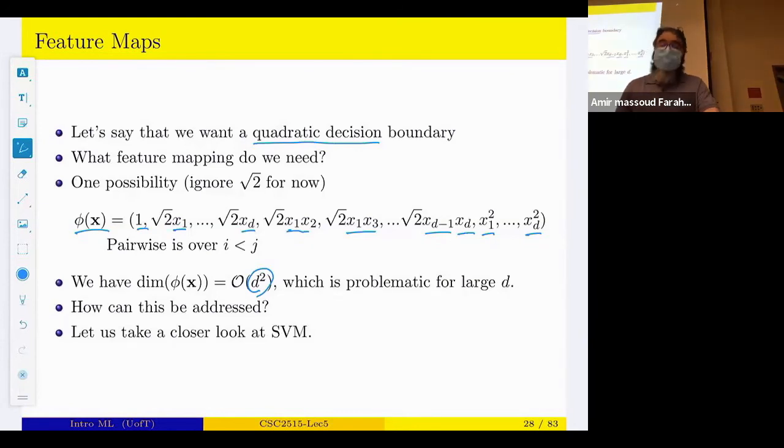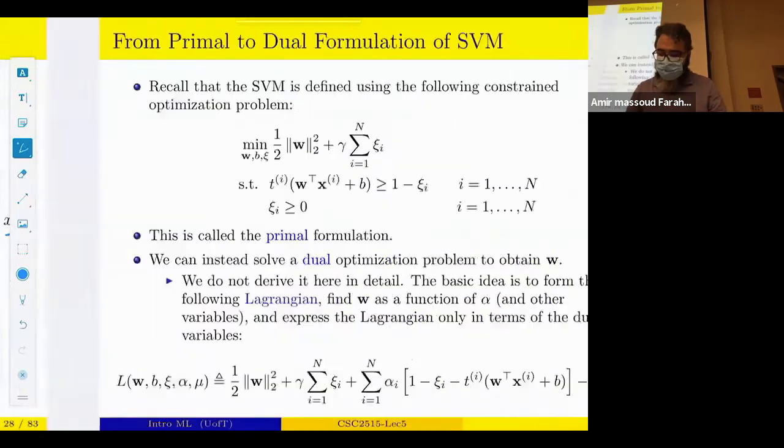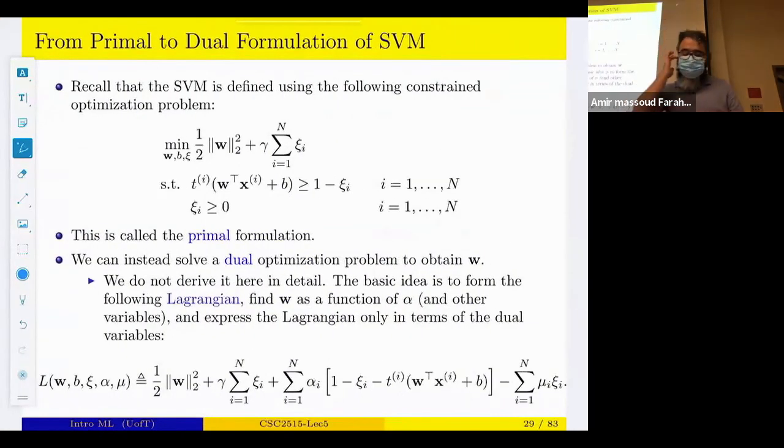Okay, in order to do so, let's look back at the support vector classifier, support vector machine, once again, and try to reformulate it a little bit. Here I don't go into detail very much, so I try to go through it quickly, and I don't do all the computation, but I just give you the general idea.